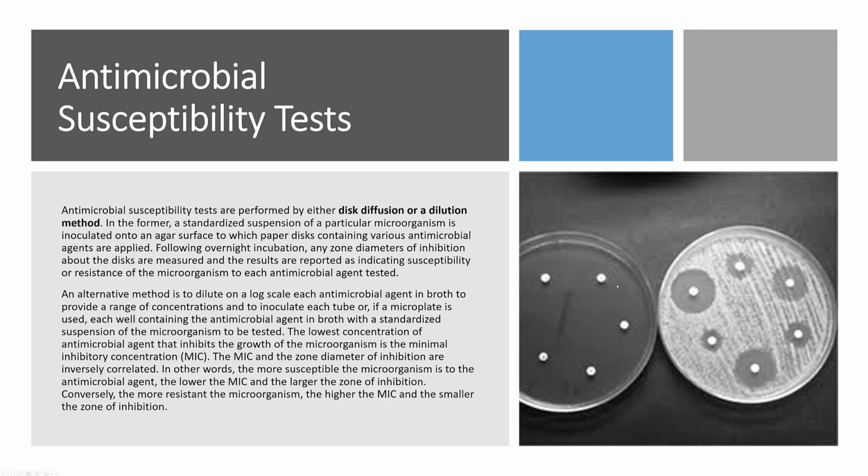It's basically using a hole punch, creating discs on Whatman blotting paper, and then soaking that paper with a particular antibiotic concentration, and then you place those on a disc. Now these are commercially obtained now, so you don't do that.